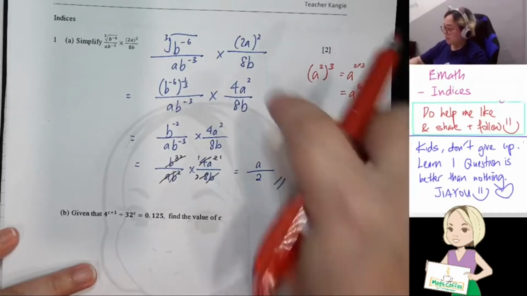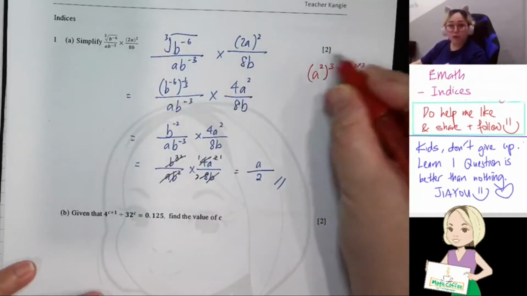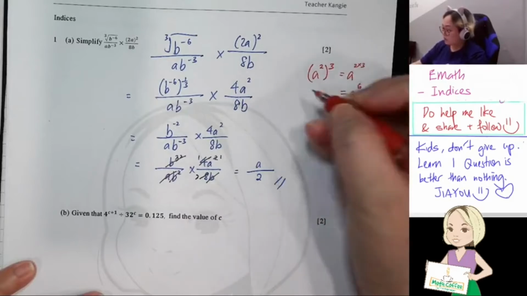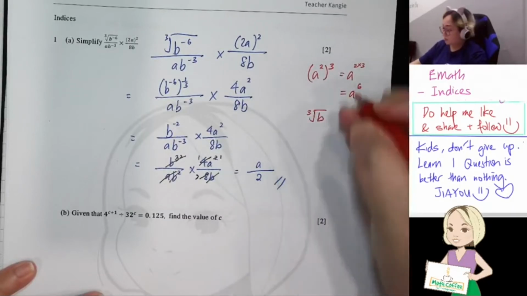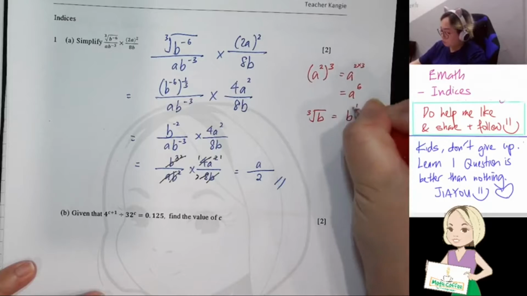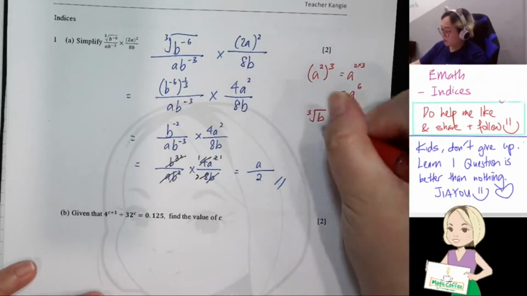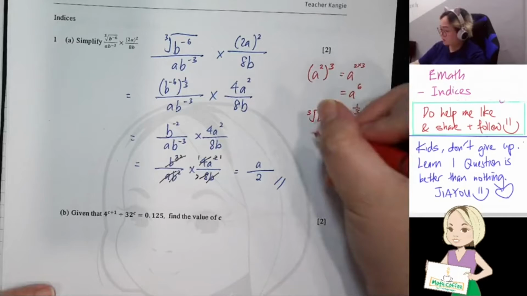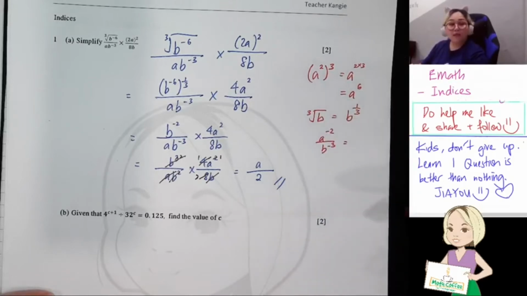Okay, over here in this question, I have made use of one of the laws, and I also made use of the fact that cube root is actually b to the power of 1/3. And I also made use of changing the negative index. Let's say I have a^-2 and b^-3, they just need to swap.